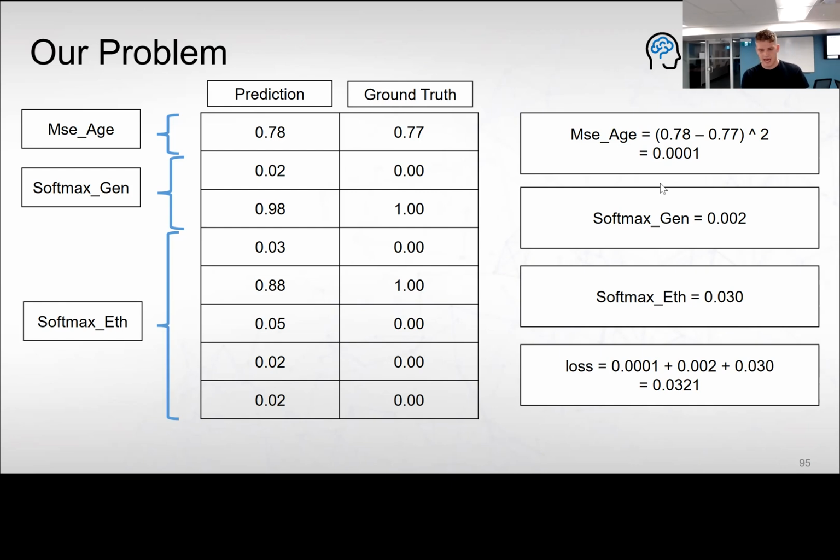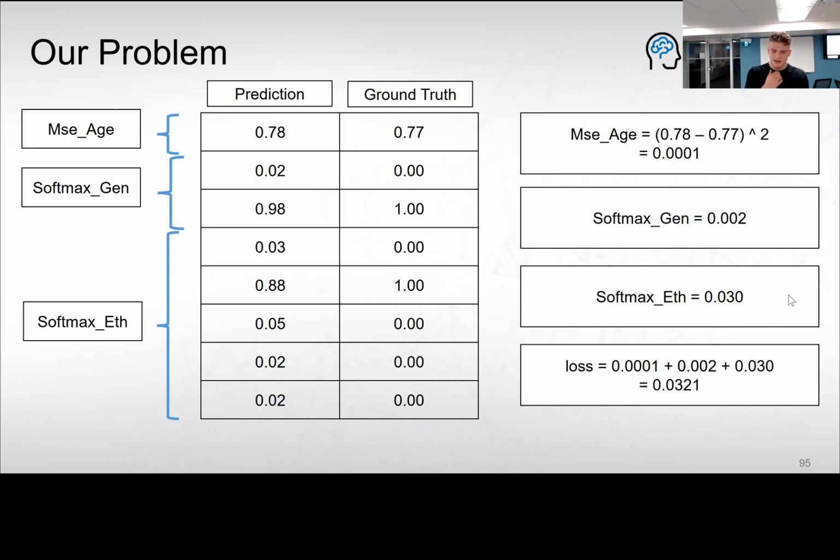So what that means for MSE age, we can calculate right here. This is our mean squared error formula. We take predicted minus the ground truth, square it, and MSE is 0.0001, a very small amount. We didn't get into softmax loss, also called cross entropy loss. I know I've thrown that word around in the past. We haven't gone into the formula, it's a little bit involved, but we know how to use it.